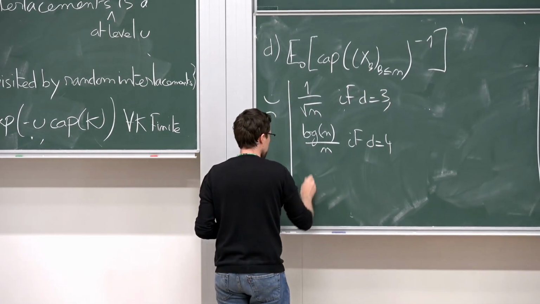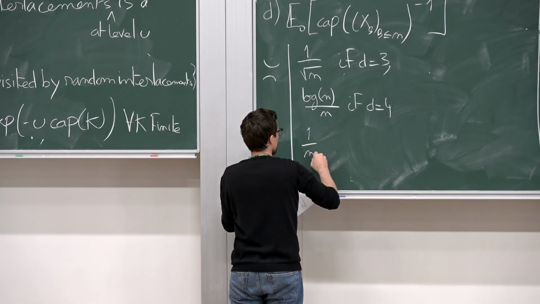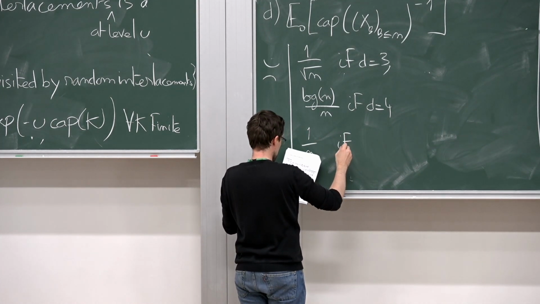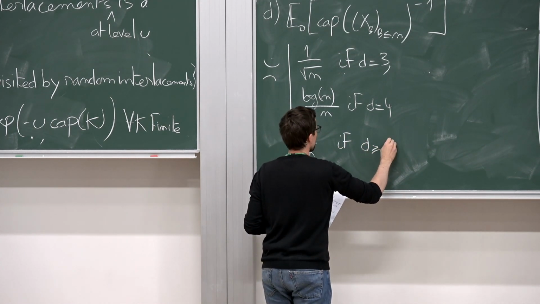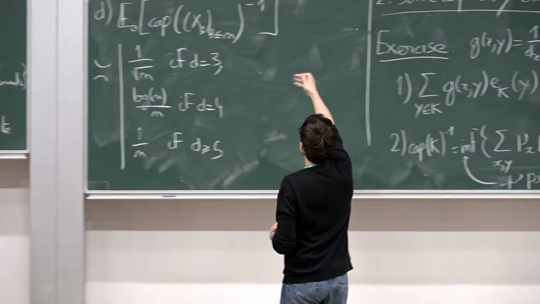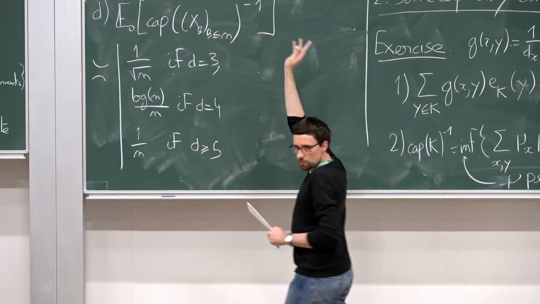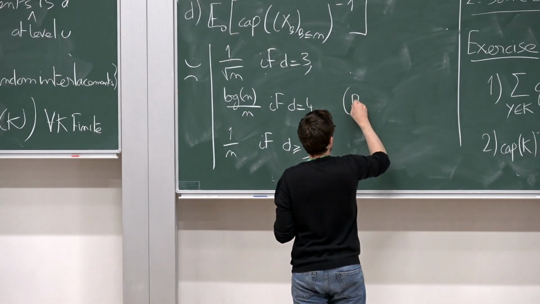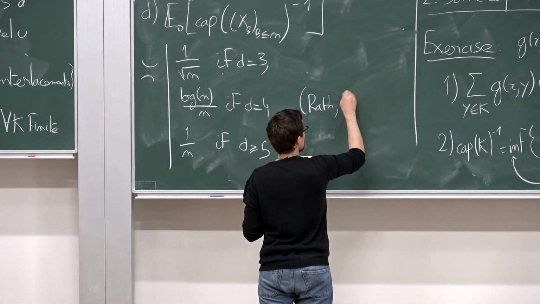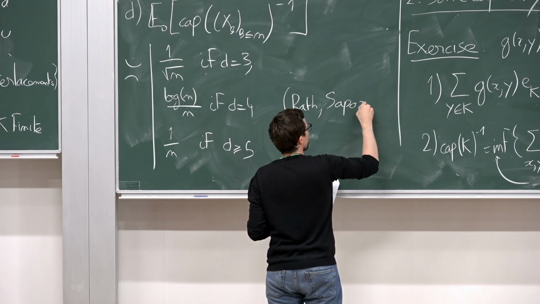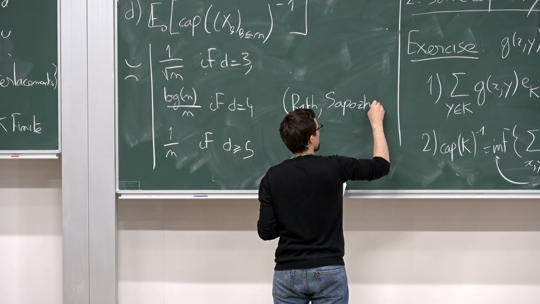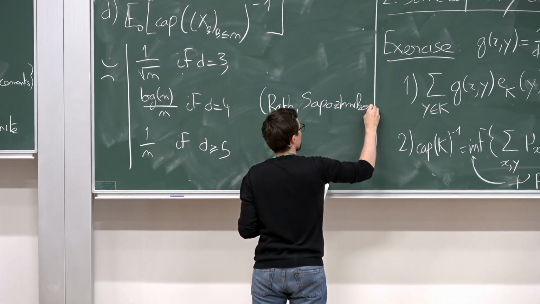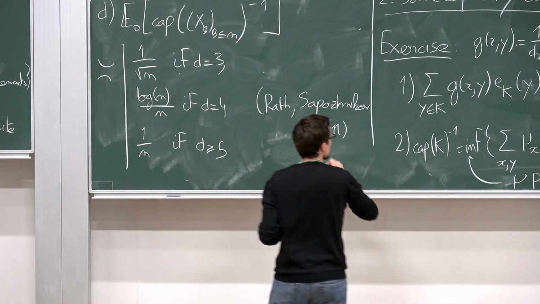And in higher dimension, this is 1 over n. This is all inverse because I put a minus 1 compared to the previous one. So I will leave the proof as an exercise.